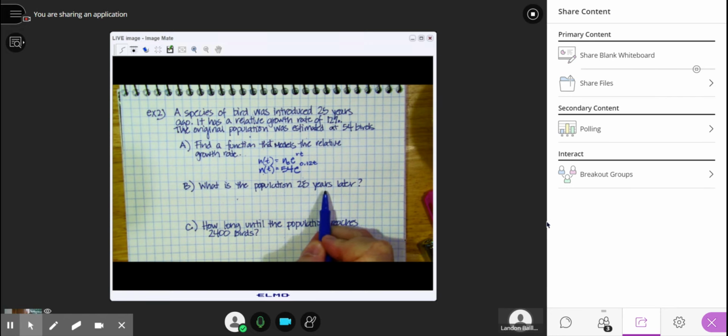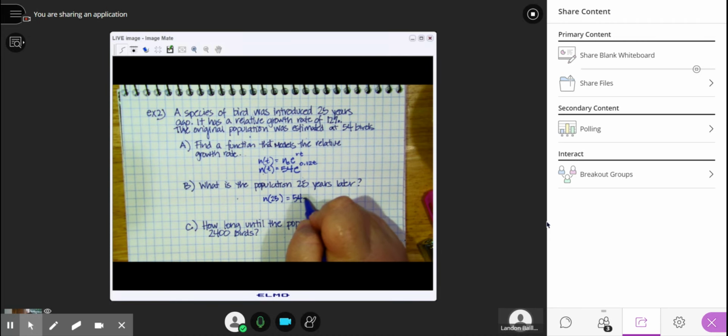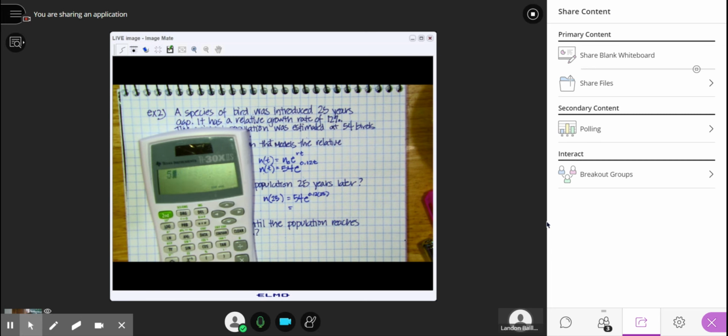The population 25 years later, or in this case, what would be the current population, would be n of 25 is 54 e to the 0.12 times 25. Again, I need my calculator for this. 54 times e to the 0.12 times 25.